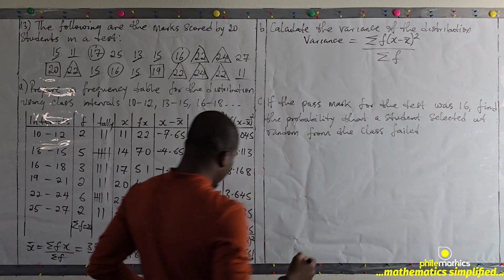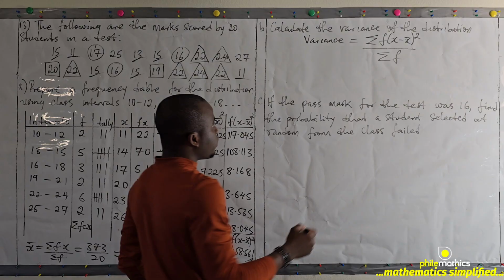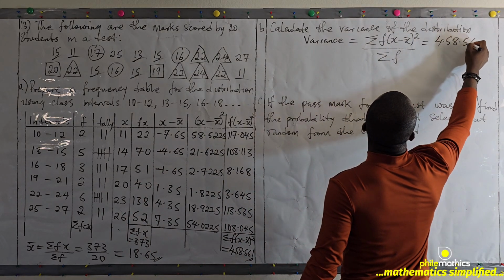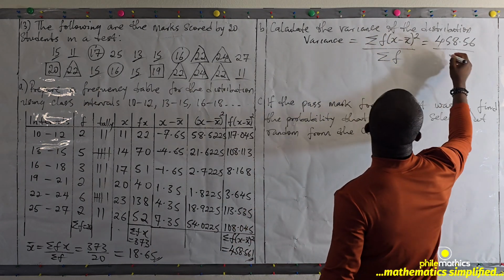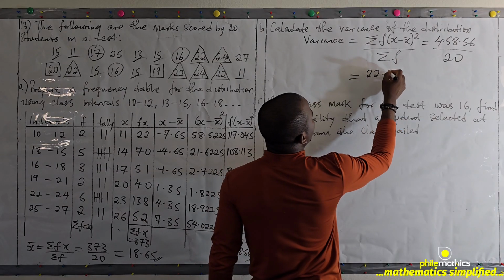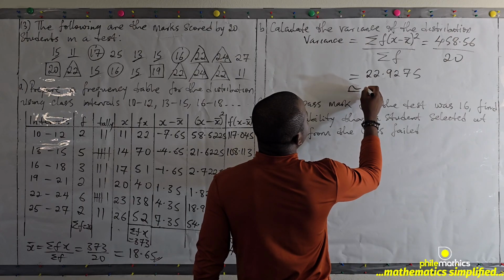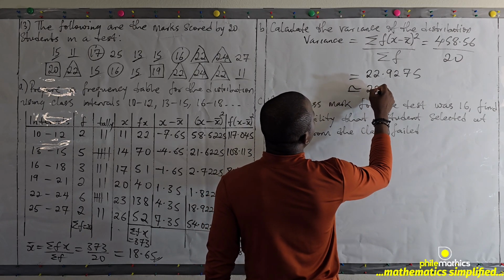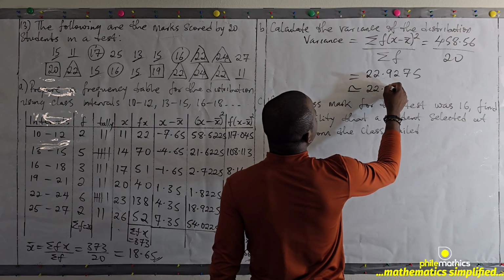And so we have gotten summation of f of x minus x bar square as 458.56, over summation of f, which is 20. If we divide this, we will get 22.9275. If we approximate it to two decimal places, this will be 22.93, since the third decimal is above 5, round it up.